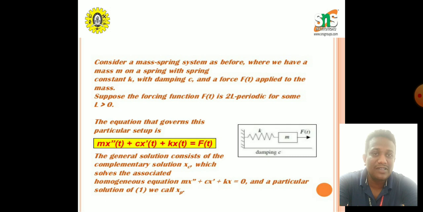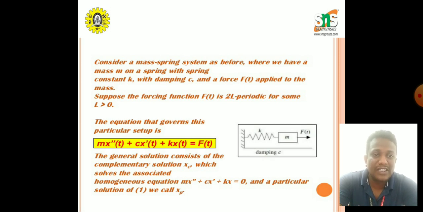from this example. Consider a mass spring system as before, where we have a mass m on a spring with spring constant k, with damping c and a force f of t applied to the mass. Suppose the forcing function f of t is 2L periodic for some L greater than 0.